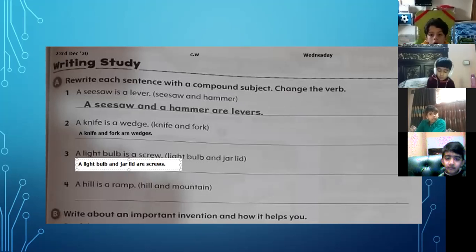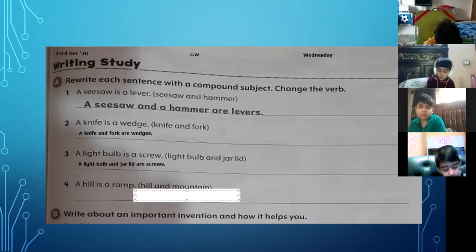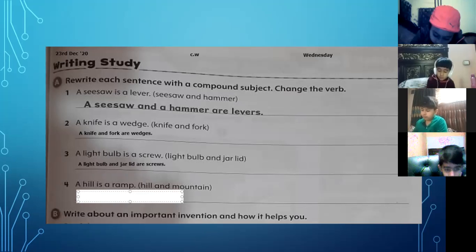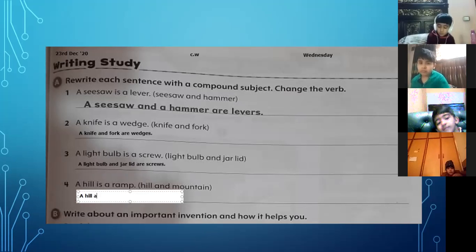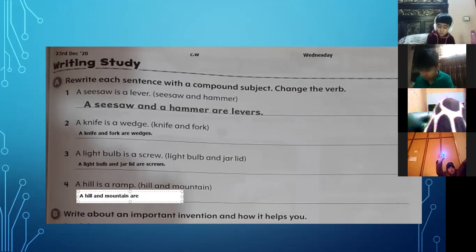A hill and mountain are ramps. Thank you. A hill and mountain are ramps. That's how you have to answer. A hill and mountain are ramps. Okay?